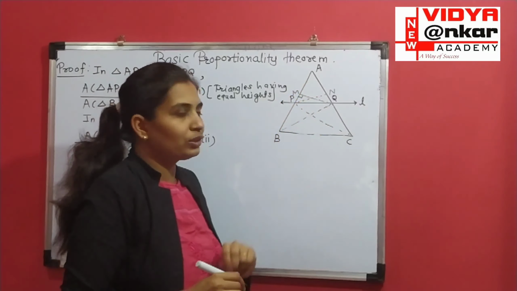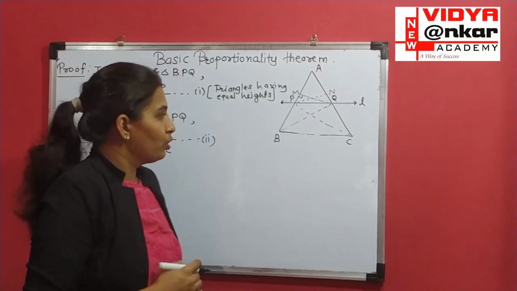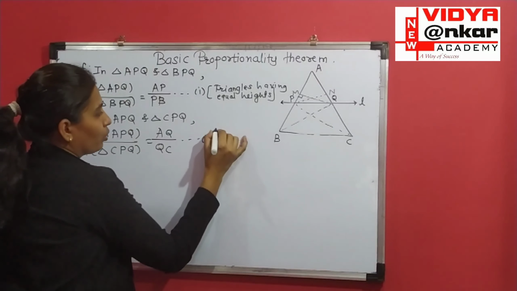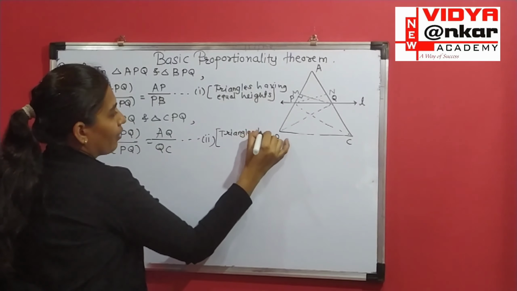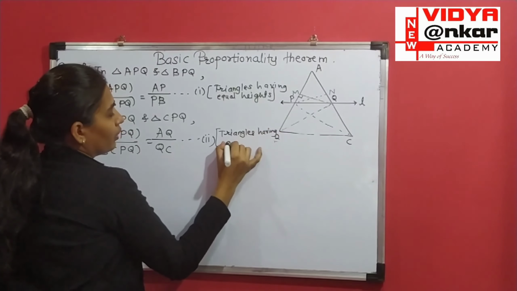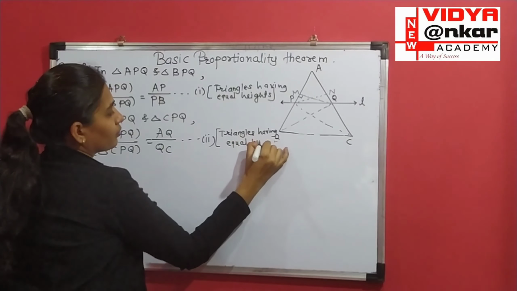These are the bases of these triangles. So again, give it as number 2 and write the same reason, triangles having equal heights.